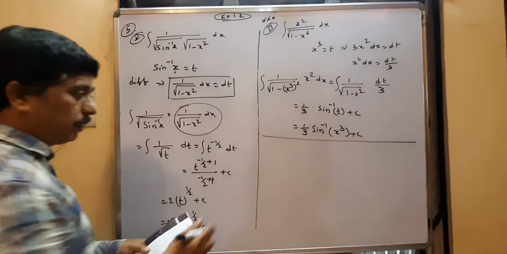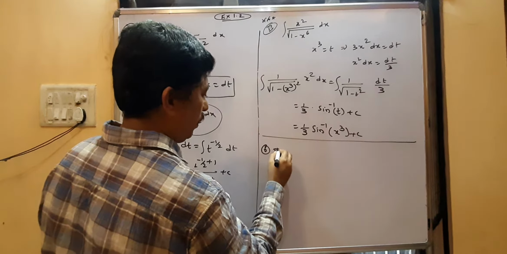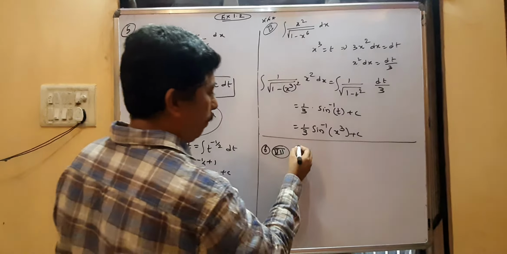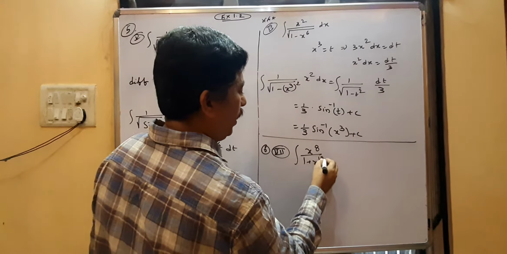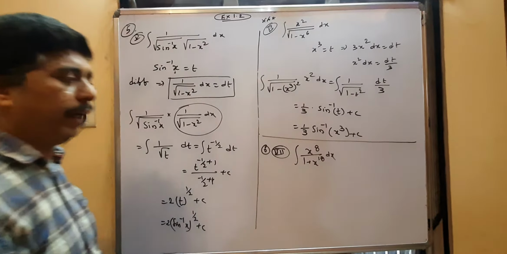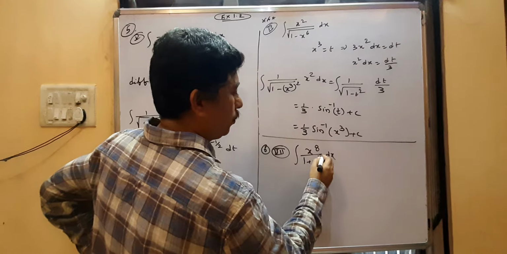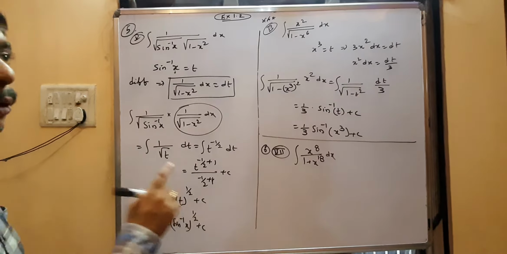Same model, 6th question, 7th bit. Integral of x power 8 by 1 plus x power 18 dx. In the denominator, x power 18. Numerator, x power 8.